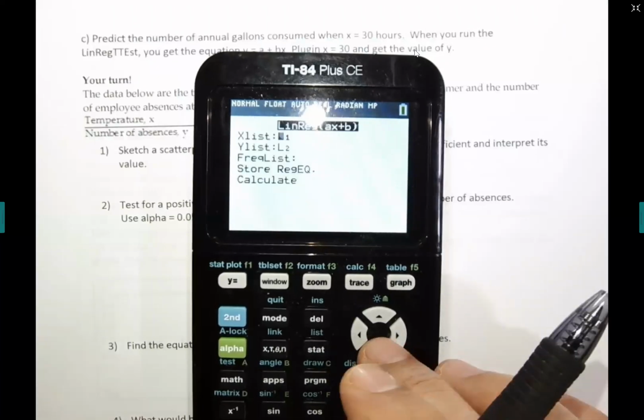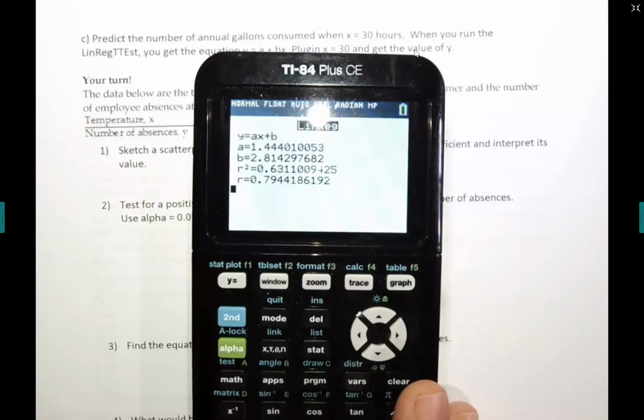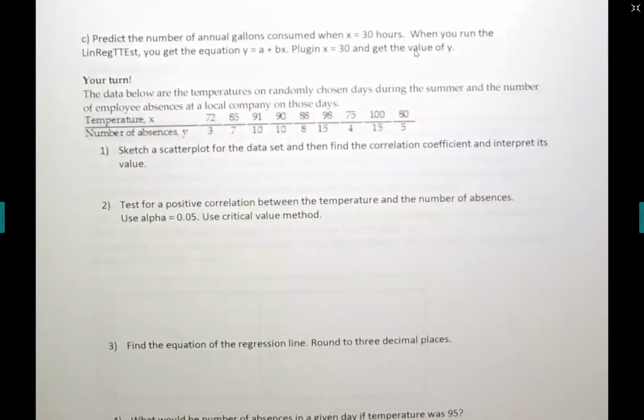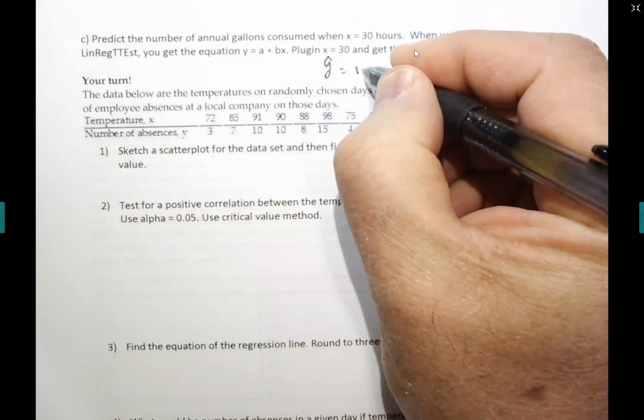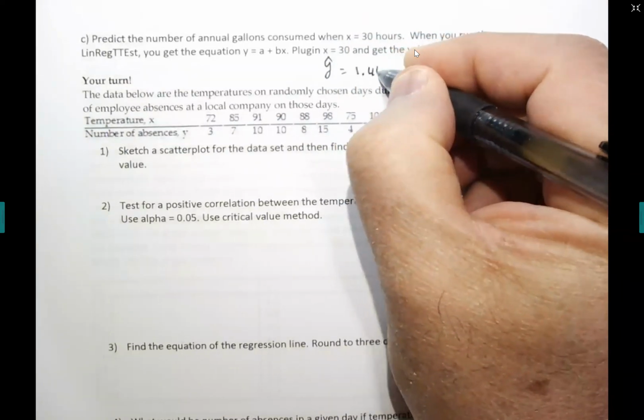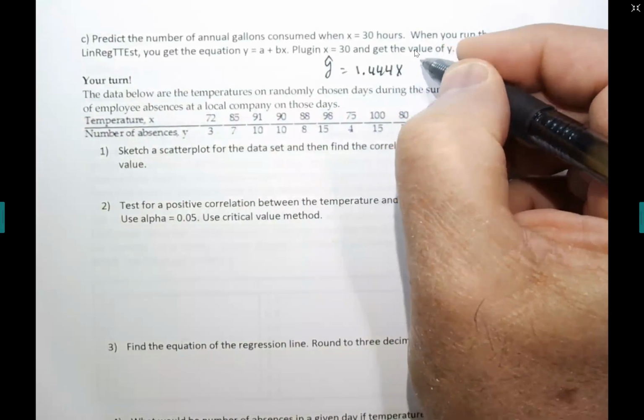L1, L2, no changes, calculate. There you go. There's my equation. Y hat is 1.444 X, and my B is 2.814.